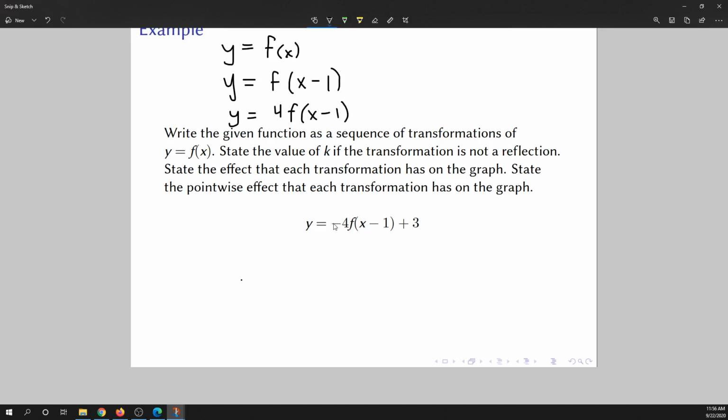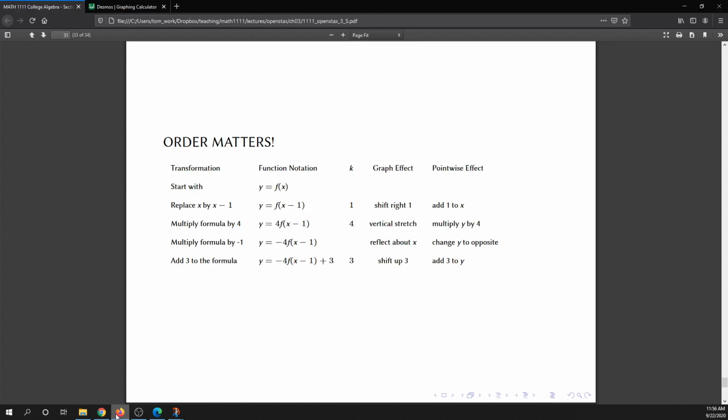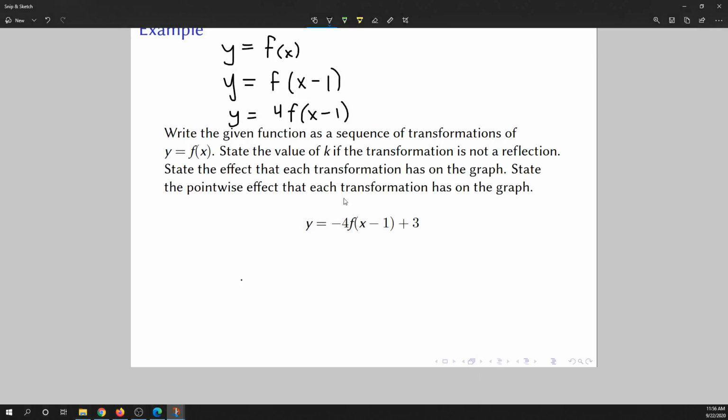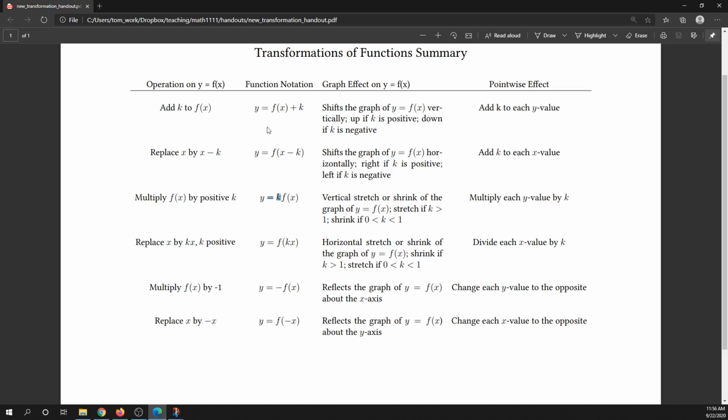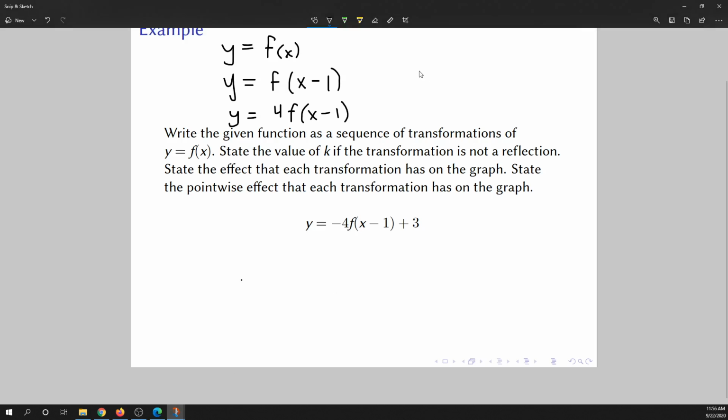And so again, the next thing I'm going to do, this is actually a negative 4, so I am going to apply this transformation, this one here, where I multiply the entire formula by minus 1. Okay, so I'm going to do y equals minus 4 f of x minus 1. All right, and so you can see I'm a little bit closer, right, to this.